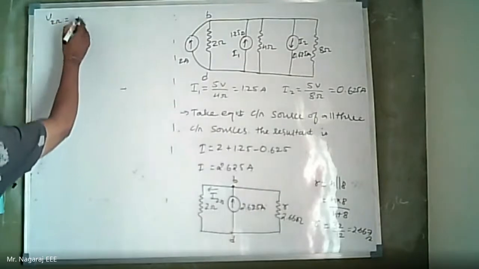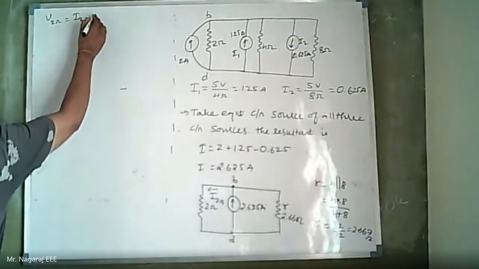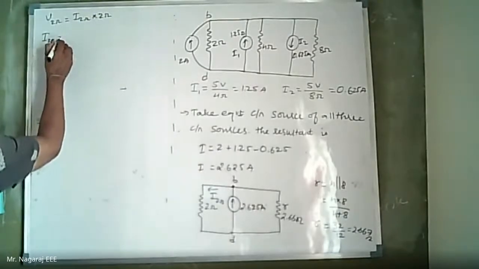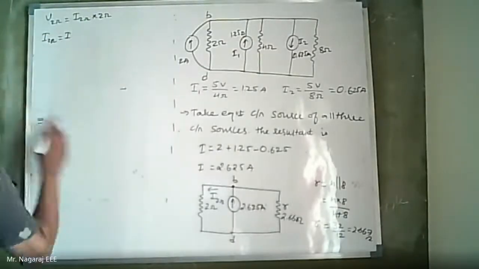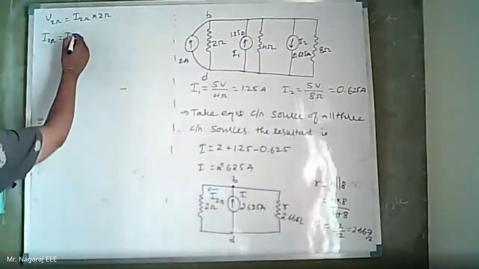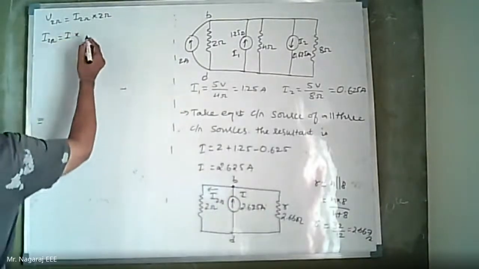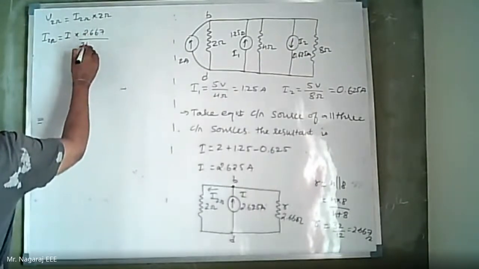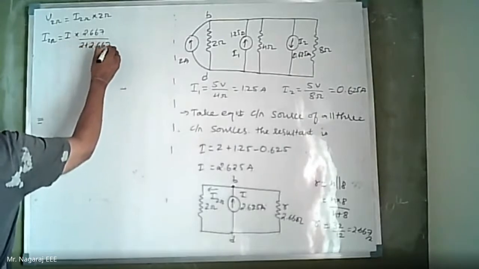So V2 ohm is equal to I2 ohm into 2 ohm. Now what is I2 ohm? It is this I into the opposite branch resistance, 2.667 divided by 2 plus 2.667.